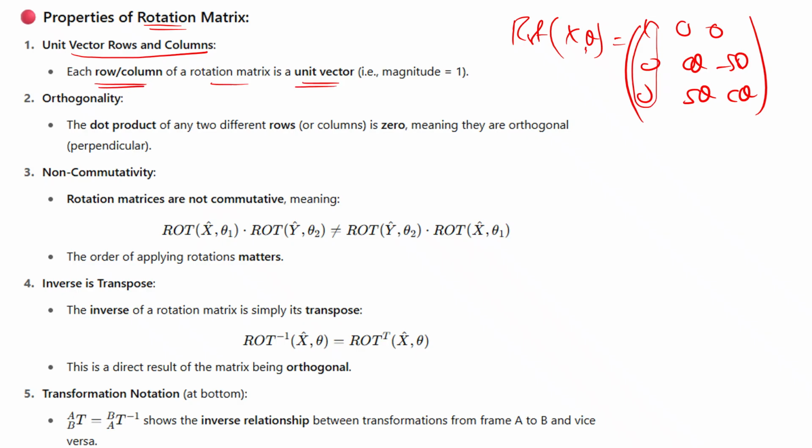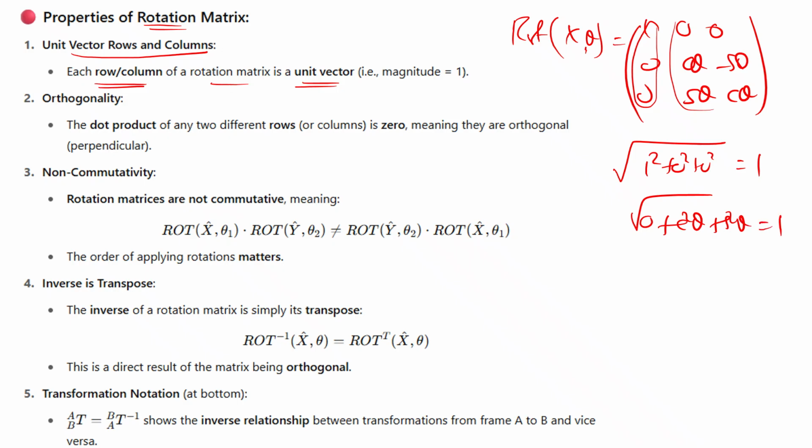How do you check unity? Take the square root of 1 squared plus 0 squared plus 0 squared, which equals 1. Column-wise, 0 plus cos squared theta plus sin squared theta equals 1, and 0 plus sin squared theta plus cos squared theta equals 1. Either row-wise or column-wise, every one is a unit vector.